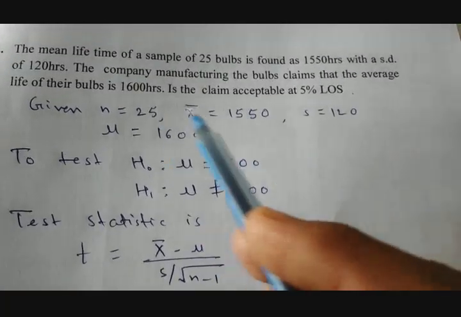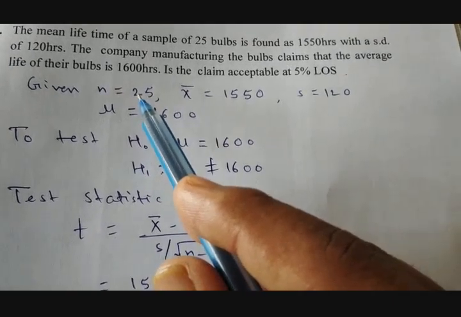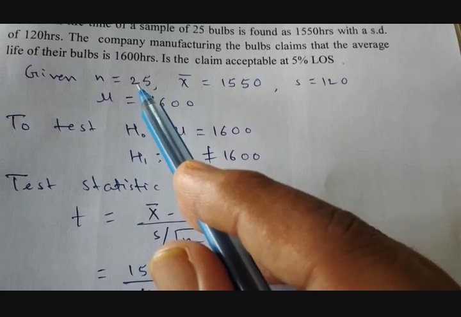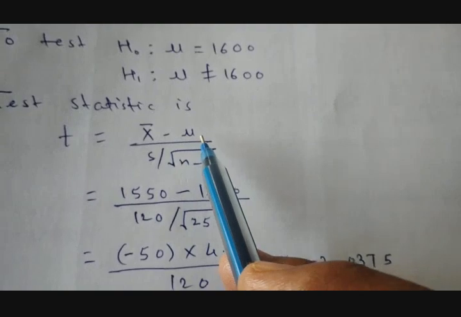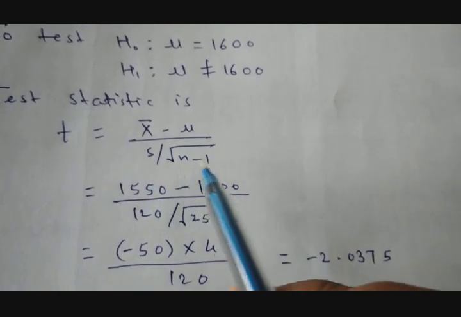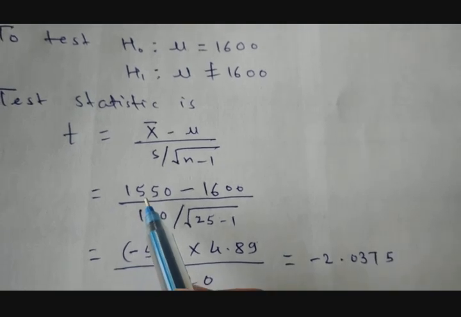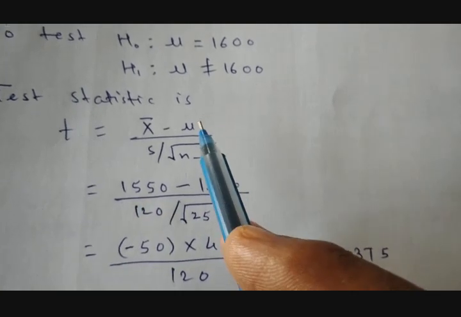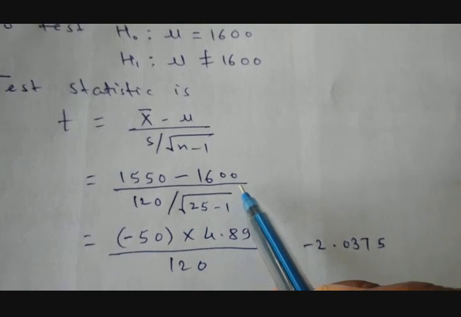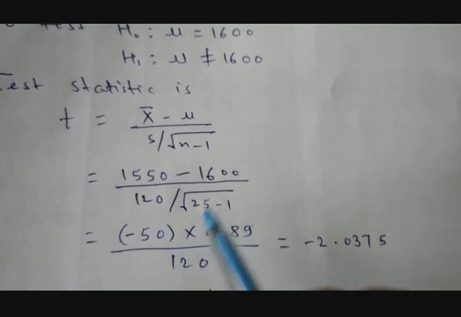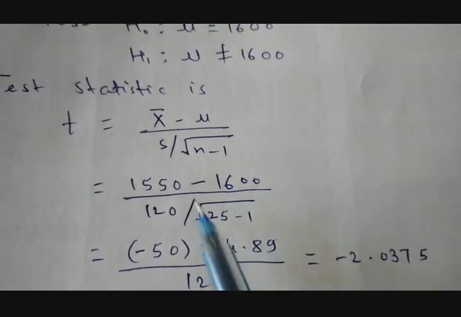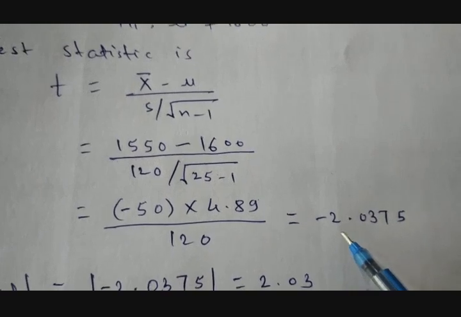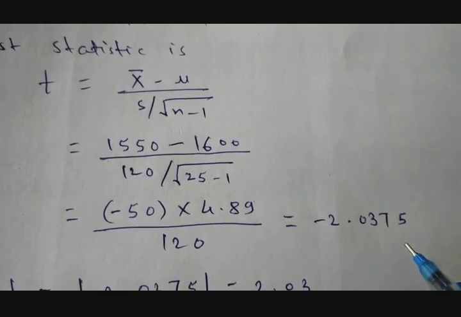Here the sample is of size 25, so we have to use a small sample test. So t equal to x bar minus mu divided by s by root n minus 1. The value of x bar is 1550 minus the value of mu, 1600, divided by 120 divided by under root of 25 minus 1. After calculations you will get the value minus 2.0375.